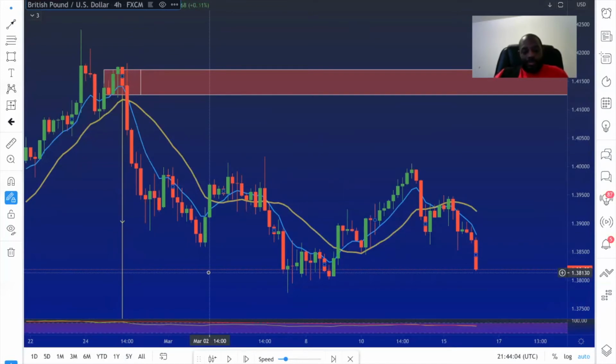What did you see? I'll tell you what I see, but let's see if you can tell me first. What I see from that move: swing down, consolidation, swing up, swing down, reversal, consolidation, swing down. What does that tell you?